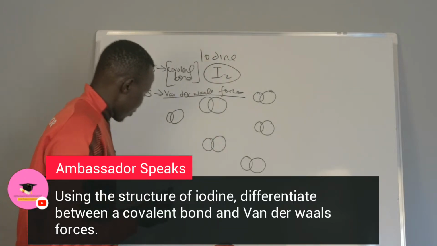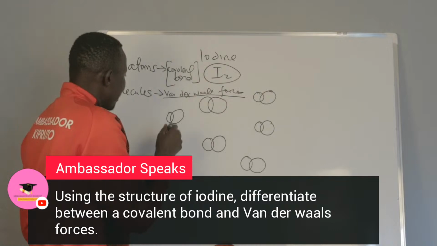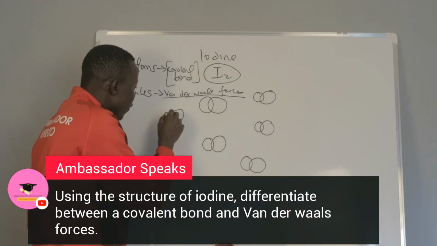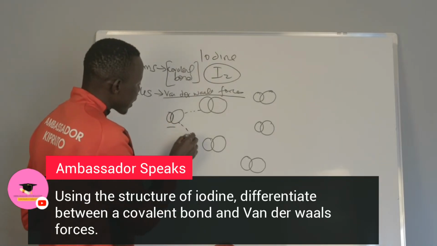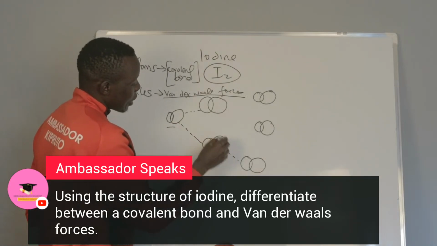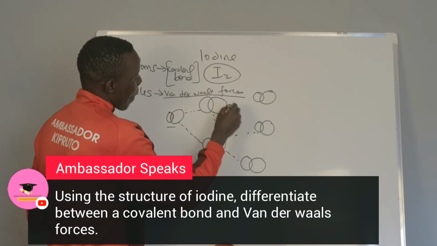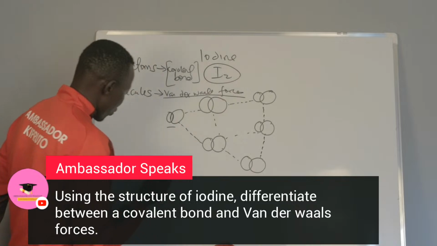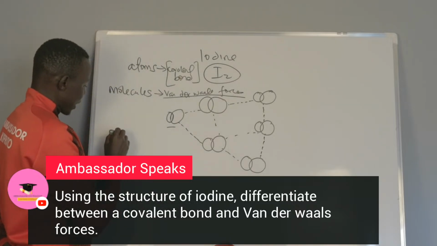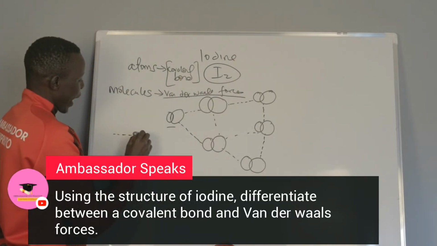So these are 2 atoms. Between these 2, we have covalent. But between this and this, we have van der Waals forces. Because van der Waals forces are very weak, we always illustrate them using a broken or dotted line.